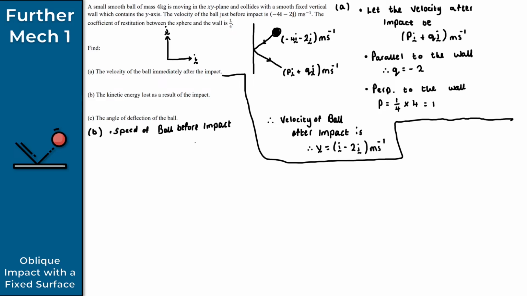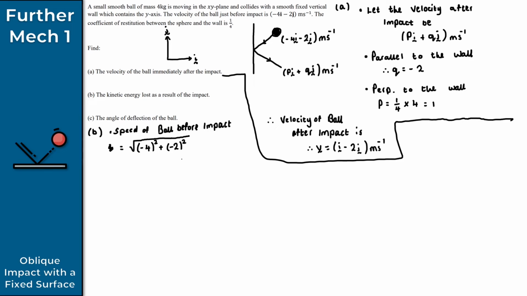So the speed of the ball before impact here, nice and straightforward then, just simply an application of Pythagoras here, right? So we're using the initial velocity here, minus 4i minus 2j meters per second. So therefore, the speed here, I'll just denote this here underneath. That is equal to, it's the square root then of, as we just said here, minus 4 squared plus minus 2 squared, like so.